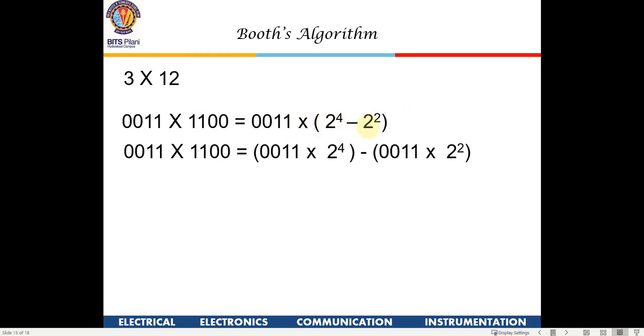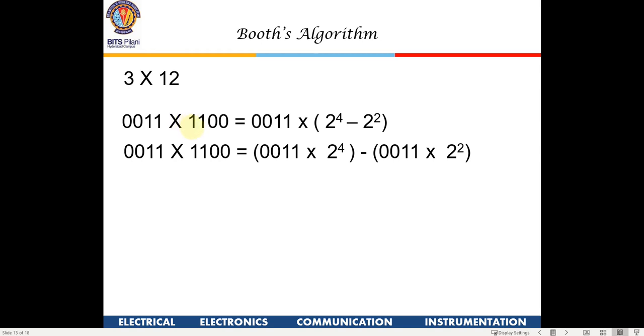So this can be represented like this, right? 12 can be represented as 2 to the power of 4 minus 2 to the power of 2. If you see this number very carefully, if you put one more bit here, a 0, starting from the most significant side, when we move from 0 to 1, that is 2 to the power of 4.